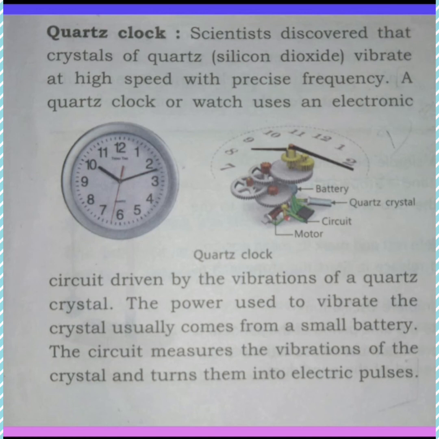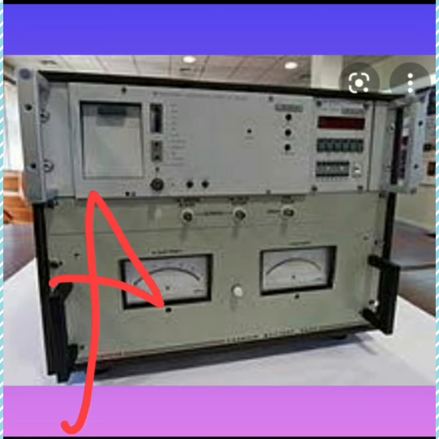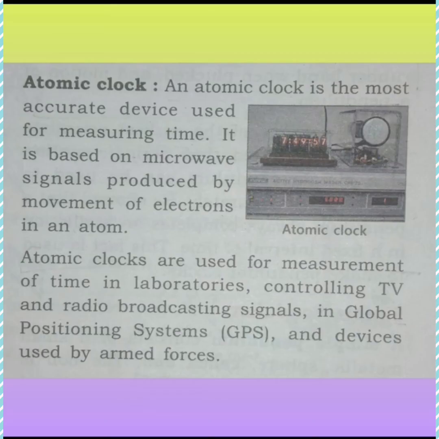Now see, what is this? This is an atomic clock. By the name only you can judge what this is. An atomic clock is the most accurate device used for measuring time. This atomic clock is based on microwave signals produced by movement of electrons in an atom.